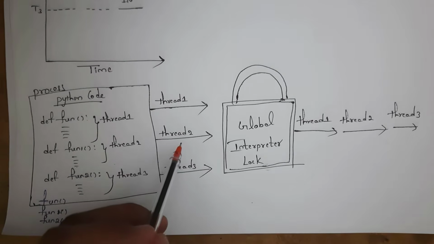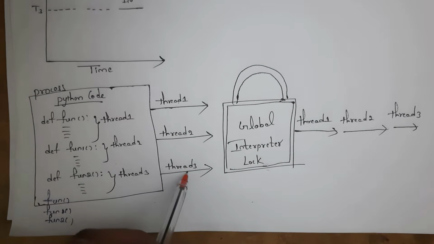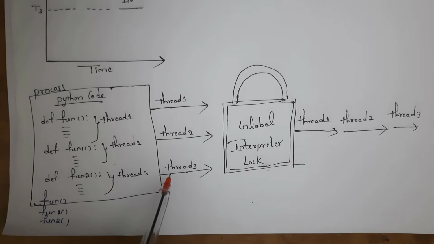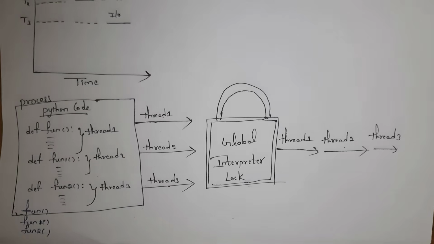And whenever it executes thread 2, the Python interpreter will apply a global lock on thread 1 and thread 3, and similarly at last it will execute thread 3. Whenever it executes thread 3, the Python interpreter will apply a global lock on thread 1 and thread 2. Whenever we pass 3 threads at a time, global interpreter lock will execute only one thread at a time. So at first it will execute thread 1, after that thread 2 and at last thread 3.